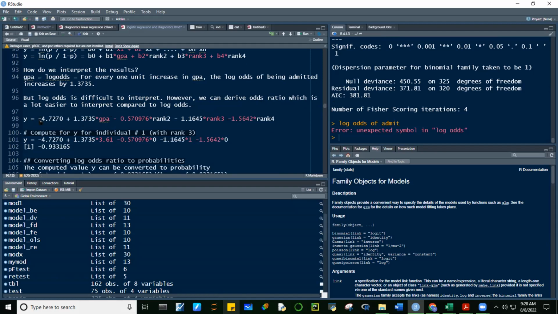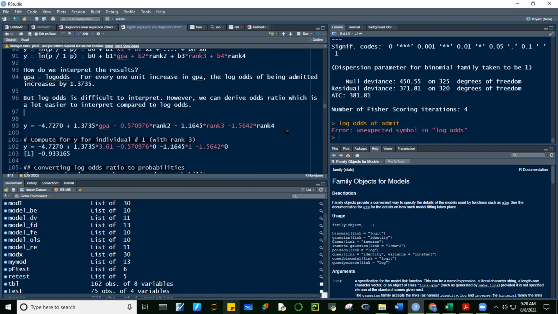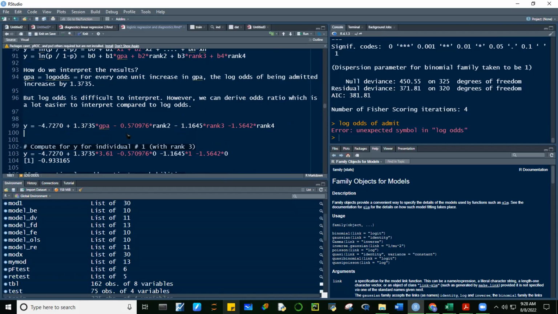Okay, so from this one, di ba? Y is equal to negative 4.72 plus 1.375. Ito yung equation natin, di ba? Saan galing to? Where did this equation come from, class? Where did this equation come from? Anyone, please?